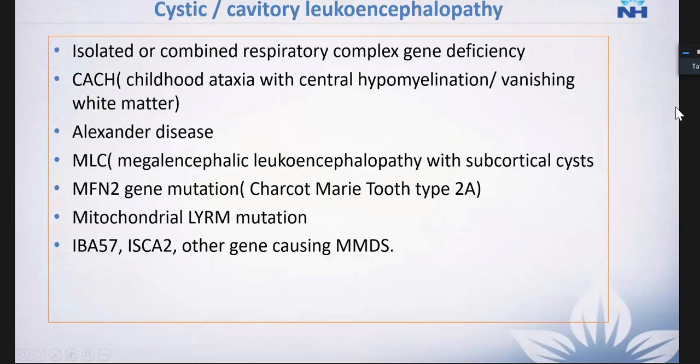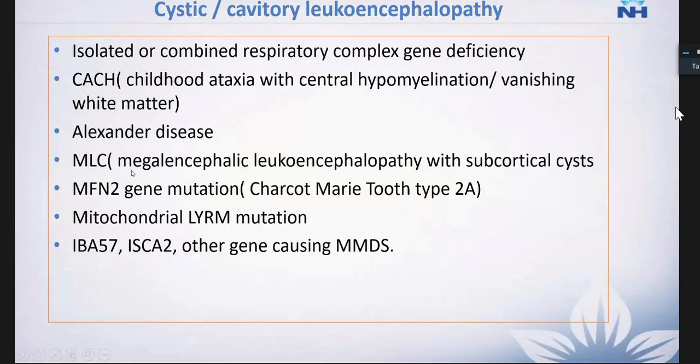So these are certain genetic conditions or leukodystrophies which can present with cystic or cavitary leukoencephalopathy, which includes the isolated or combined mitochondrial respiratory complex gene deficiency. Often vanishing white matter can be seen with cavitary disease. Alexander disease also can present with cavitary lesions.